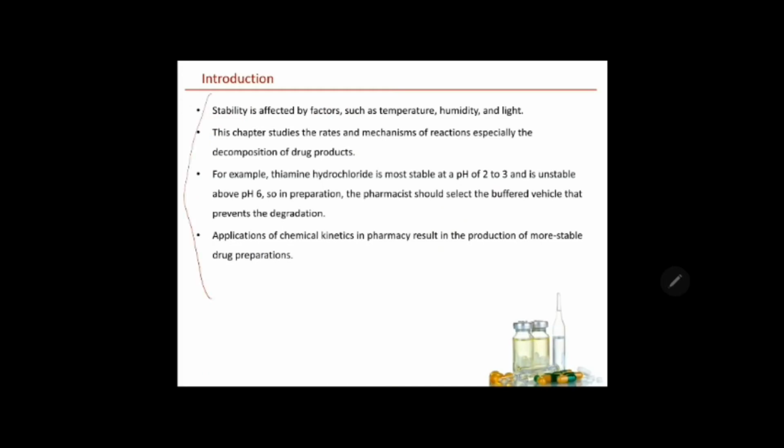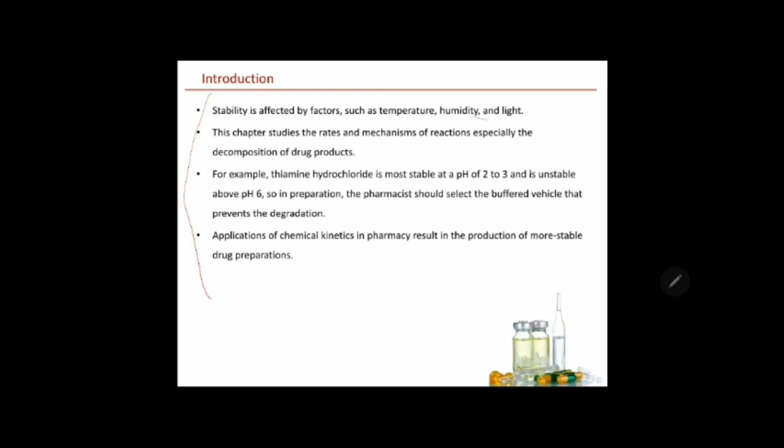Stability is affected by many factors: temperature, humidity, light. Here we have to know what are the mechanisms of reactions that will affect or that are involved with the decomposition or degradation of pharmaceutical products.